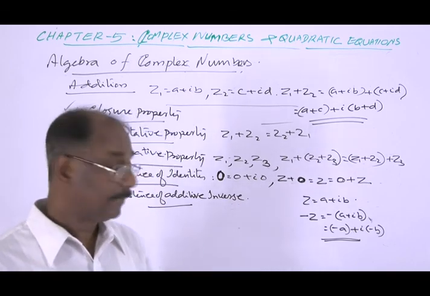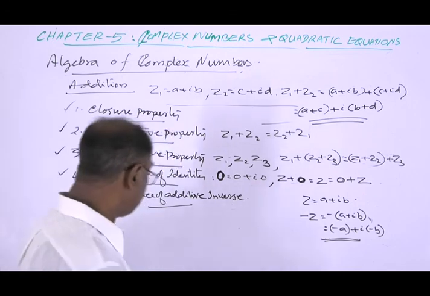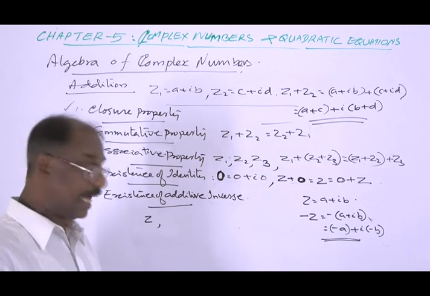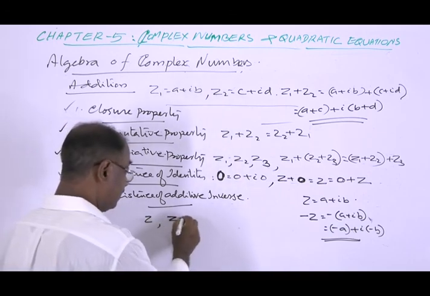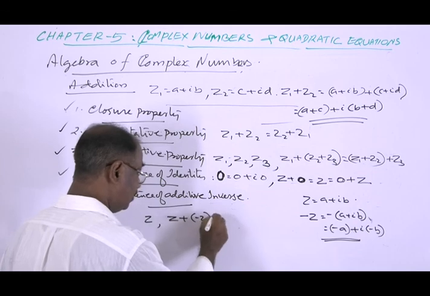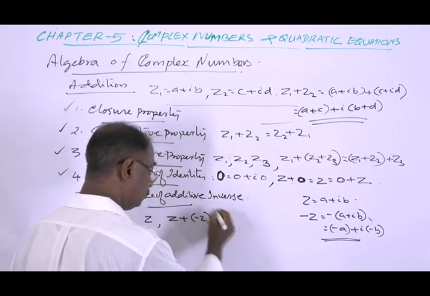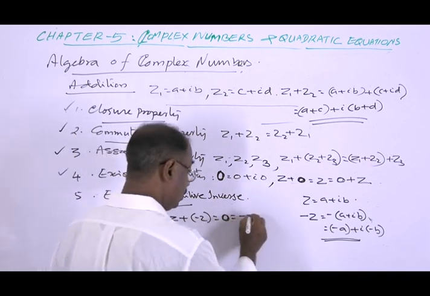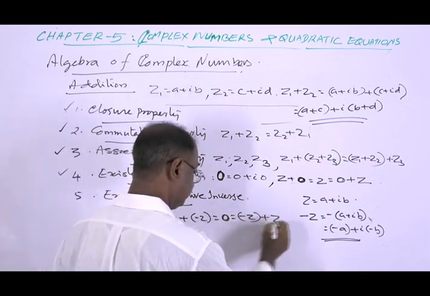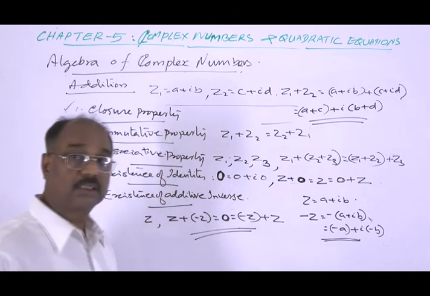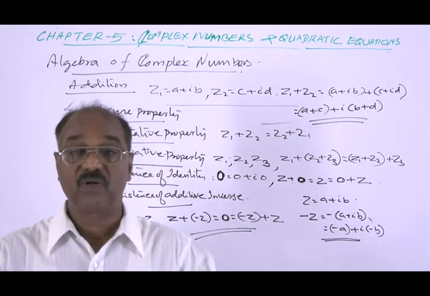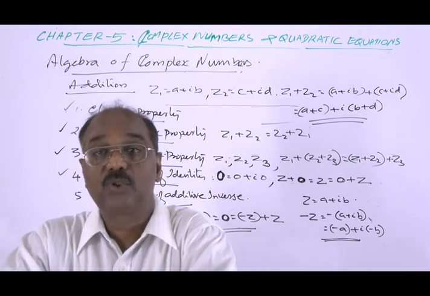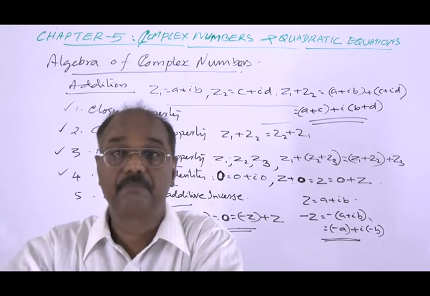Then for every complex number Z, we have the minus Z, and Z plus minus Z is equal to 0, the additive identity element, which is again equal to minus Z plus Z. That is, for every complex number, there exists its own inverse, additive inverse.